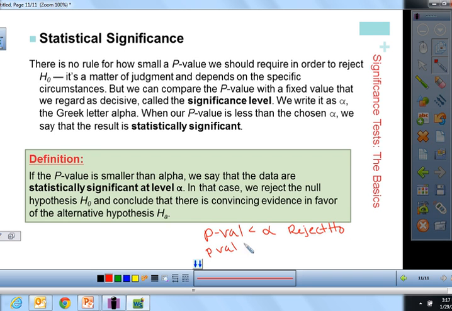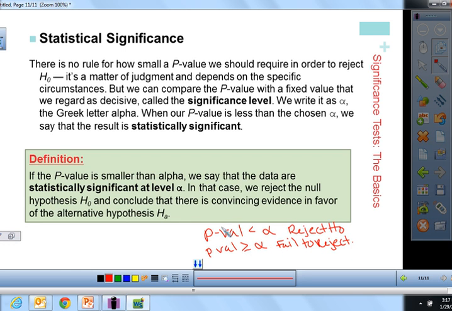If our p-value is greater than or equal to alpha, then we fail to reject.